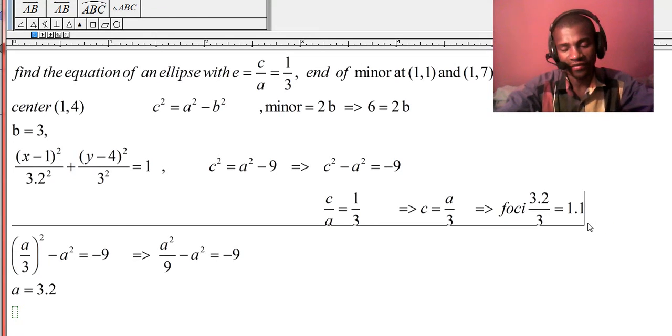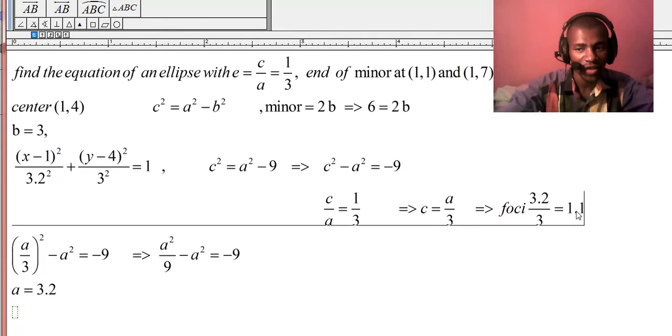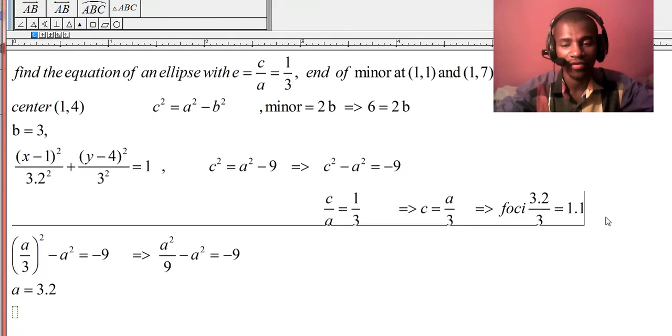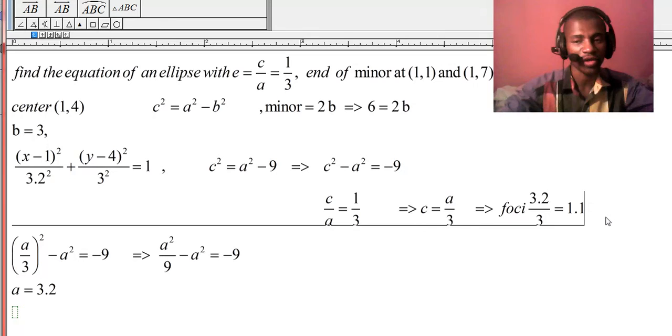So that's the answer for our foci. So it's either at minus 1.1 or we can say it is 1.1 units on the left of the center and 1.1 units on the right of the center.